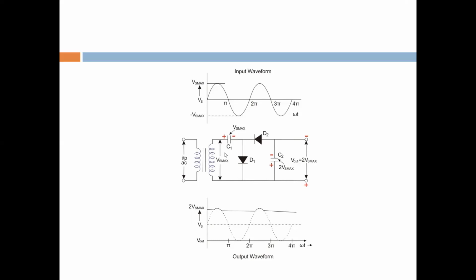In the first case, C1 is charged, but C1 is not discharged because there is no path available for C1 to discharge.